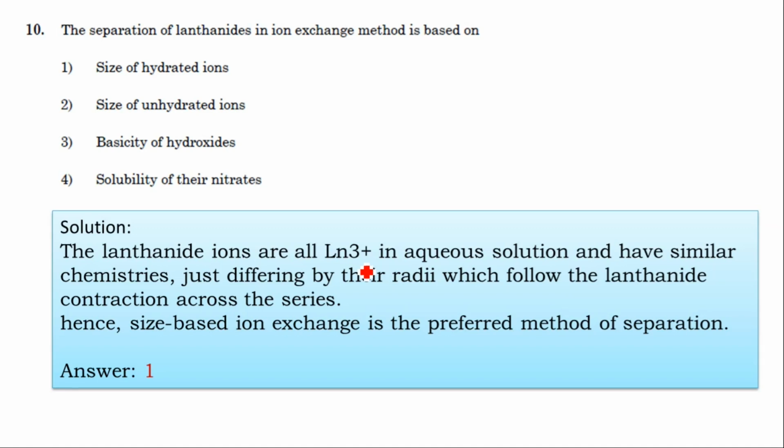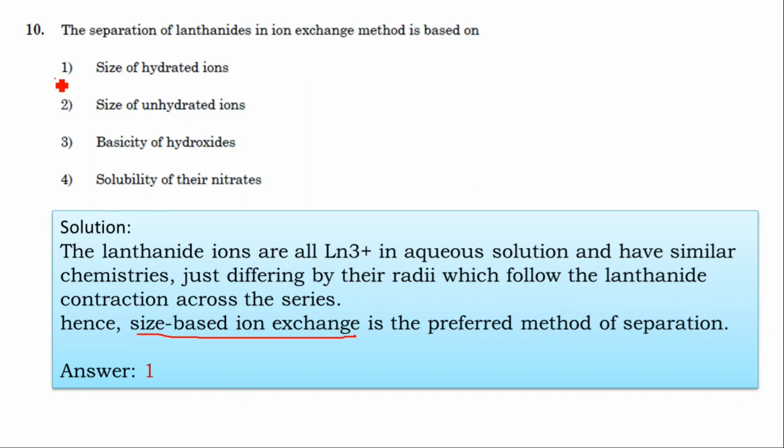So in aqueous solution they have similar chemistries, just differing by their radii, which shorten due to lanthanide contraction across the series. Hence, size-based ionic exchange is the preferred method in the separation of lanthanides. So, option 1 is correct.